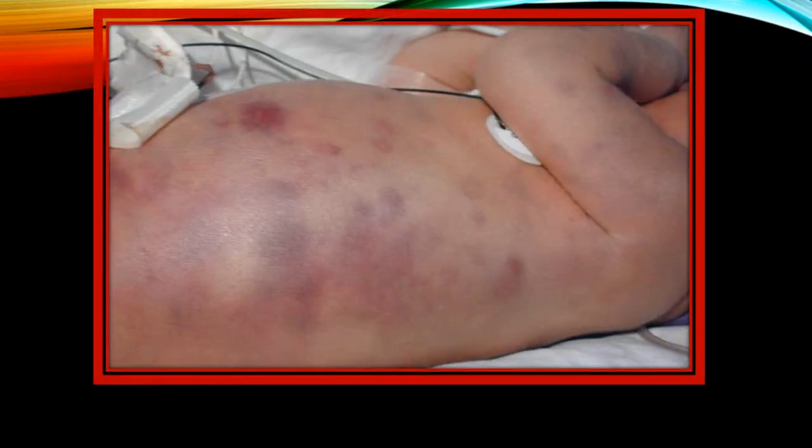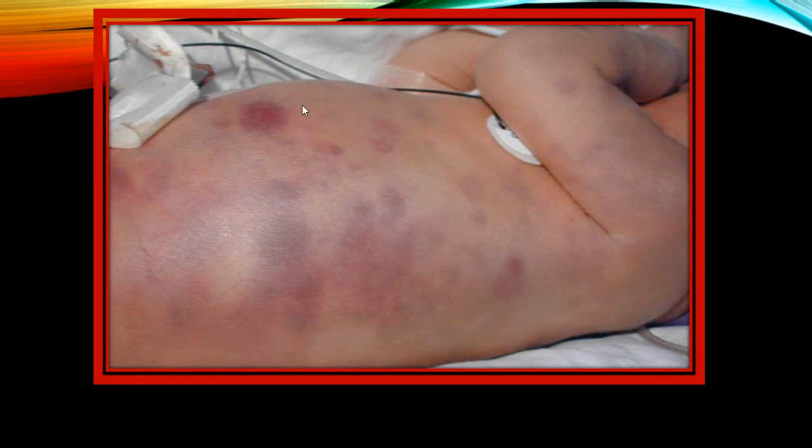What we can see in this slide, again we have to describe it. This is a neonate, and this is part of his face and upper limbs, and this is the trunk, chest and abdomen.